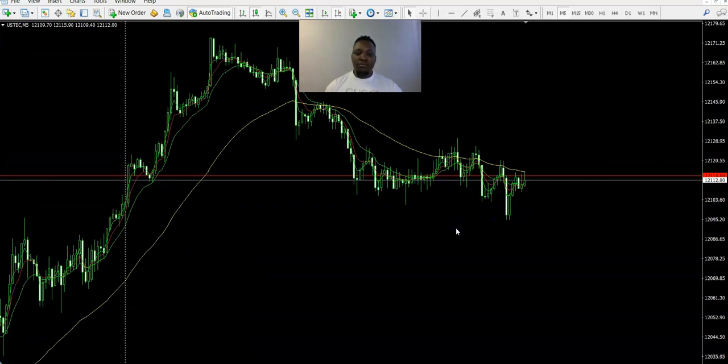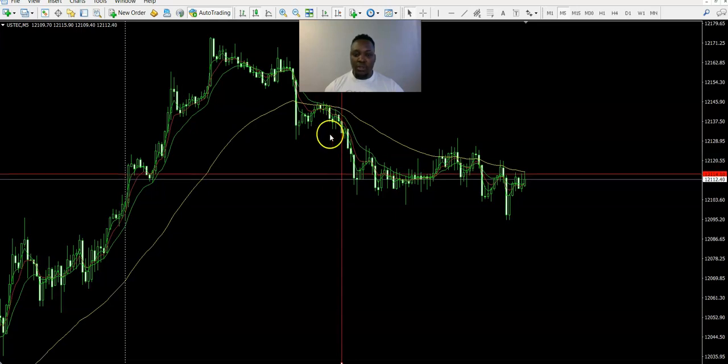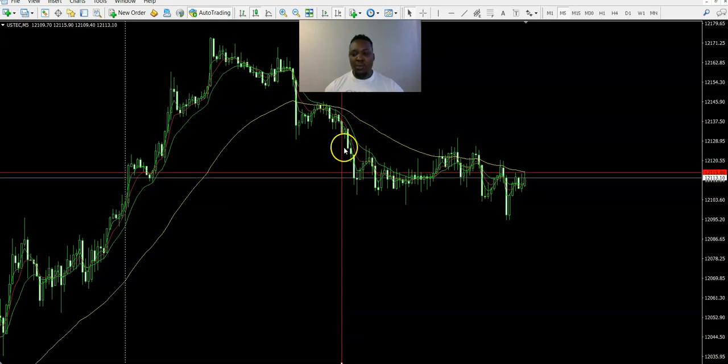So this morning, if you ask me what's happening with the Nasdaq, you could have potentially looked for a short position around there or there. Why?